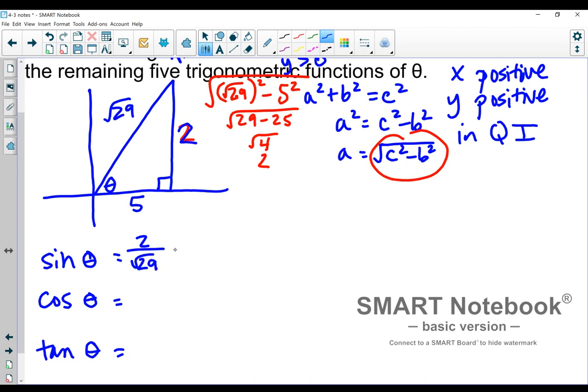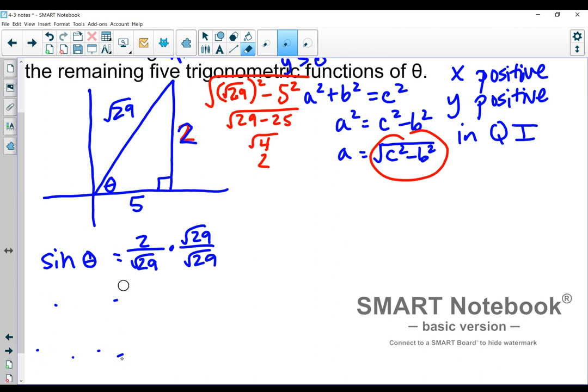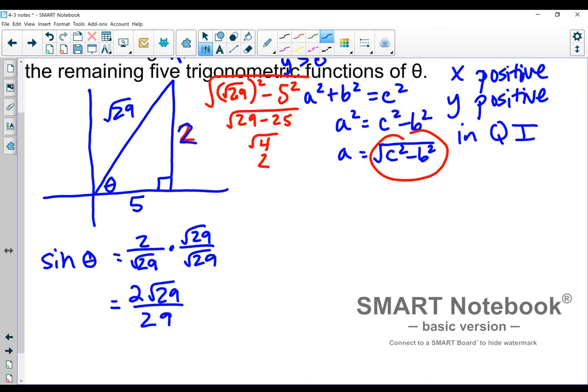Sure enough, I got to rationalize, so I'll multiply by root 29 over root 29. I think I'm just going to erase these other two. As much as it kills me, it'll just be faster to have the room to write. So that means my sine is going to be 2 square roots of 29 over 29.